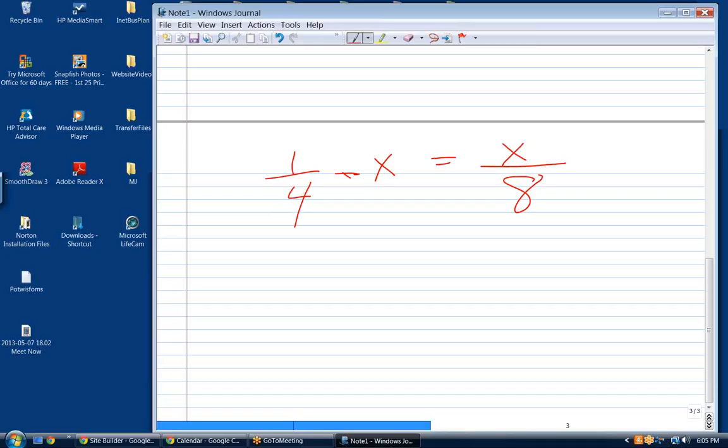So usually, I think the easiest thing to do with an equation that has two denominators is to try to find a least common denominator and multiply every term in the equation by that. And in one step, that gets rid of all your denominators. So what number could I multiply the left side of the equation and the right side of the equation by that'll get rid of all my denominators?